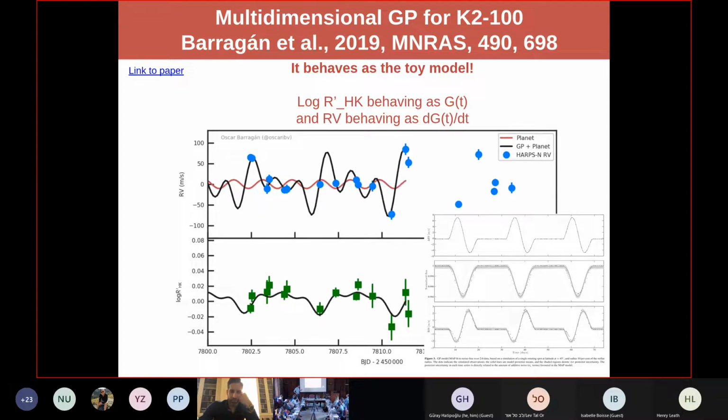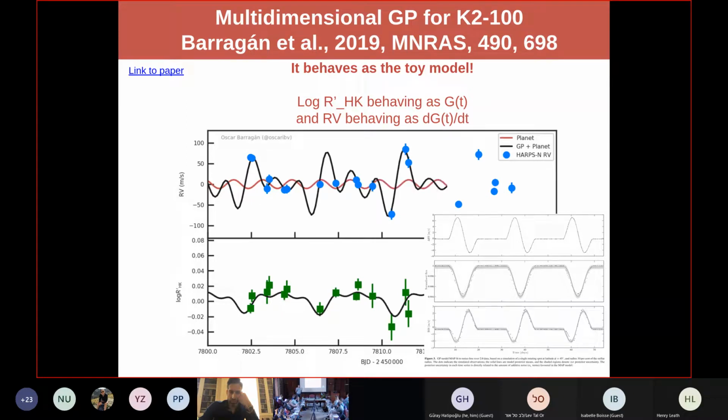We have an activity indicator that behaves like a flux, and the radial velocity behaves as the derivative of the function. Using the multidimensional Gaussian processes and the derivative of the signal really helps us measure the planetary signal in this data set.